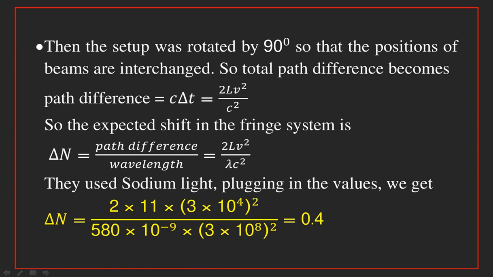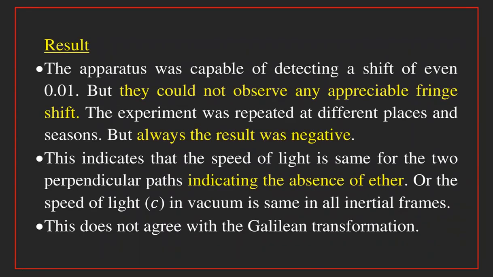The velocity of earth with respect to ether was assumed to be the orbital speed of earth, which is 30 kilometer per second, and the velocity of light is c. Putting all these values, we get the expected phase shift as 0.4. They were not able to find any appreciable fringe shift.